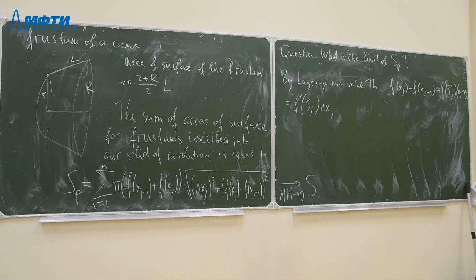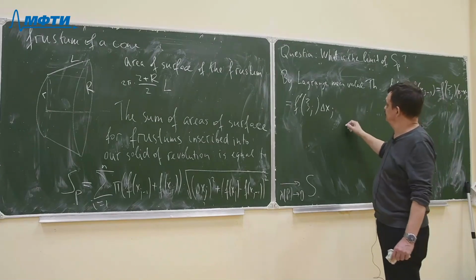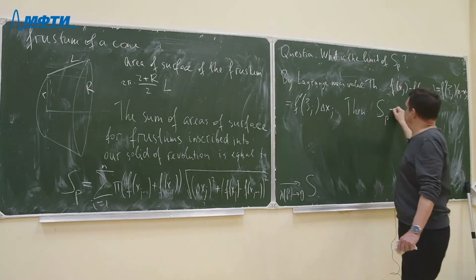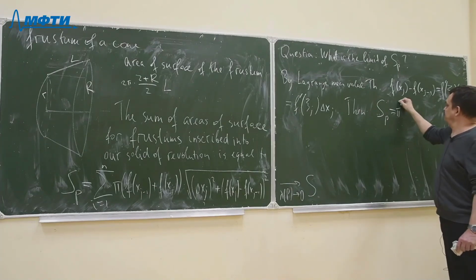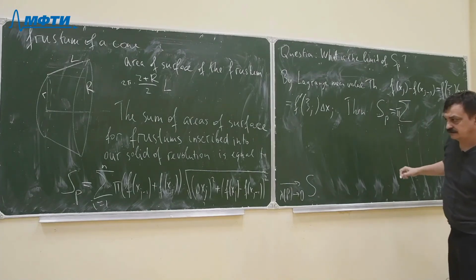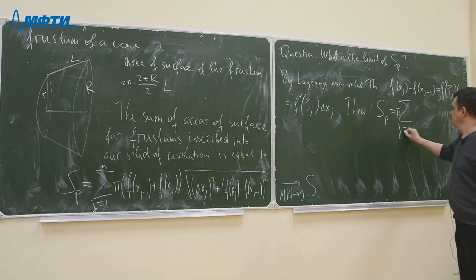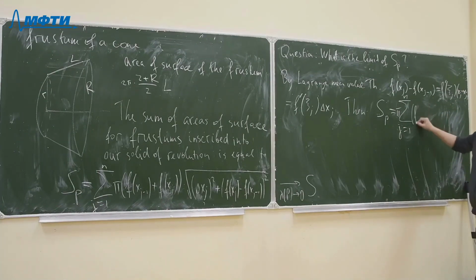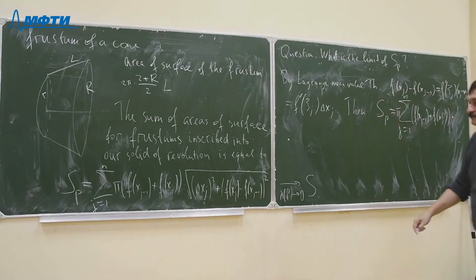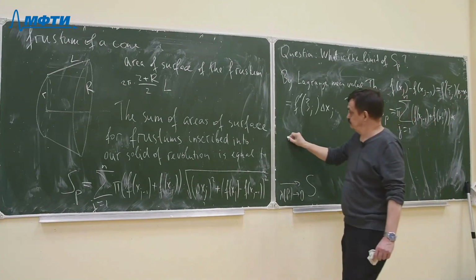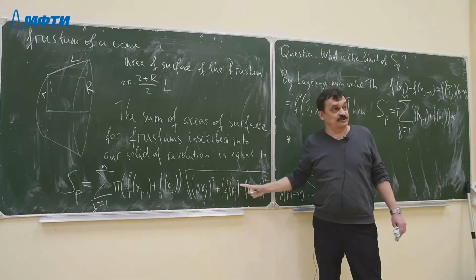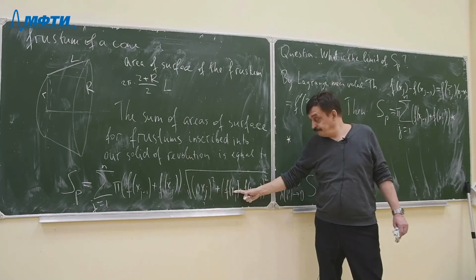So if we substitute it, then S_P equals pi times the sum, j from 1 up to n, of f of xj minus 1 plus f of xj times, look, we substitute here f prime at psi j times delta xj.